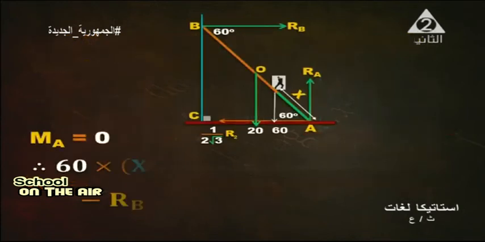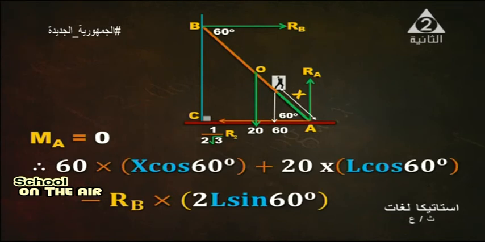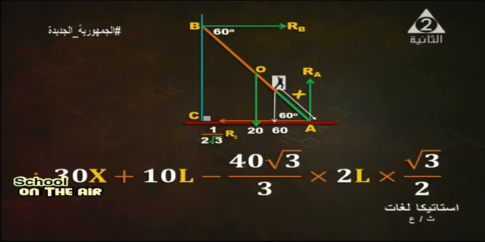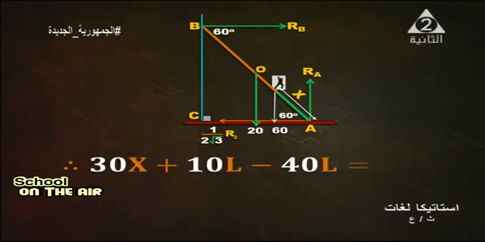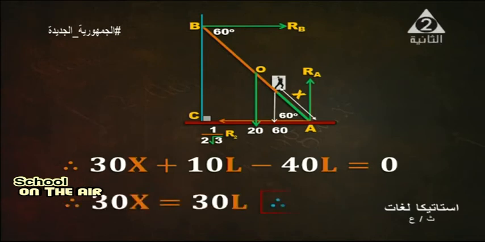Therefore, moment about A, by using the moment, we calculate X and L. 30X plus 10L minus 40L equals 0. Therefore, X equals L, or X equals half the length of the ladder. My dear student, by the end of the lesson, I'm very happy to spend such time with you. Thank you. Goodbye.